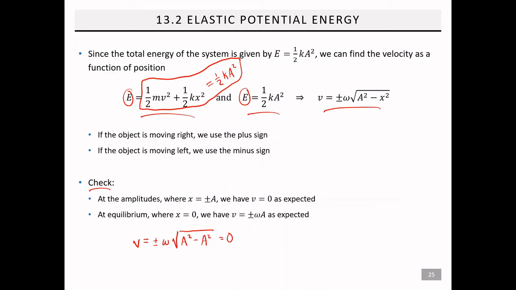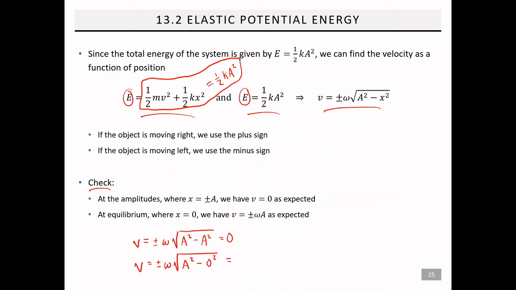At the equilibrium point, you have x is equal to 0. So then you have v is equal to plus or minus omega times the square root of A squared minus 0 squared.